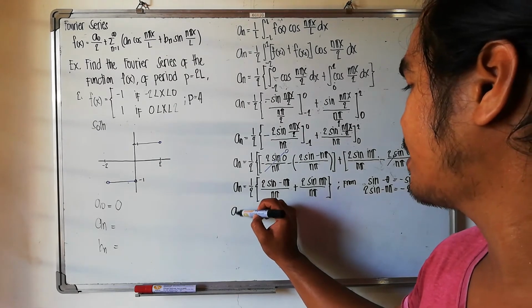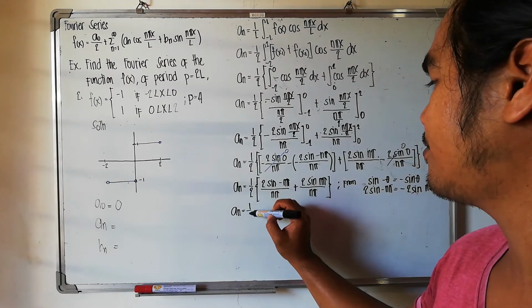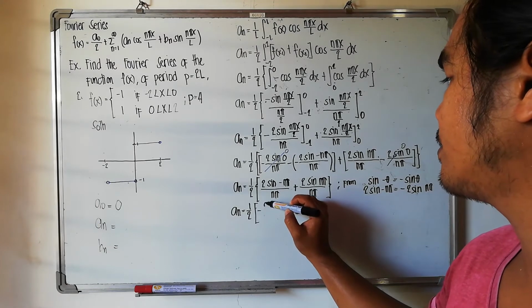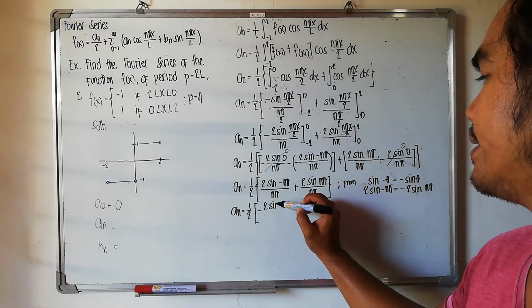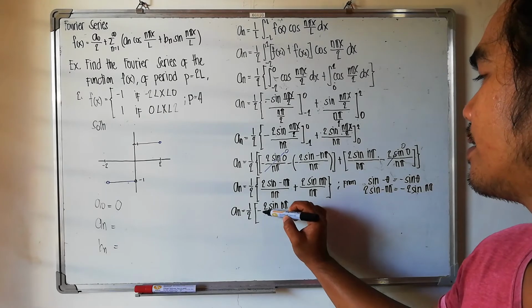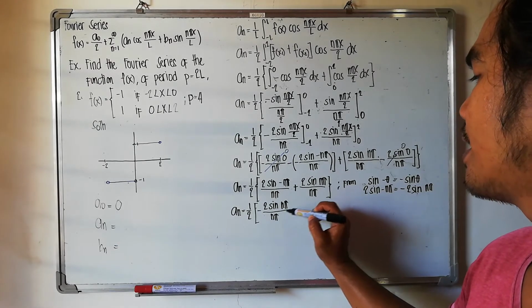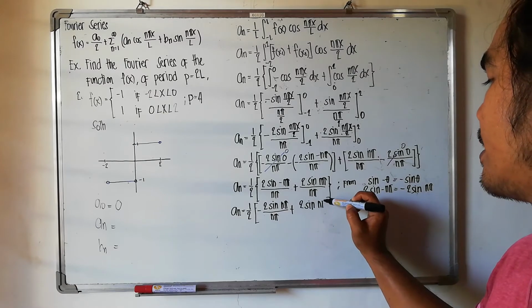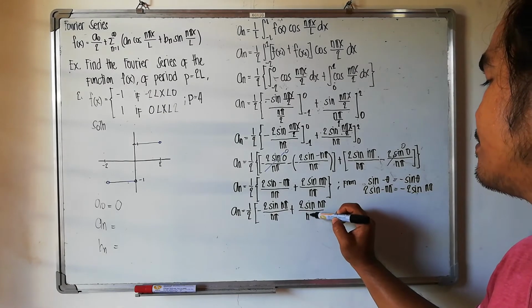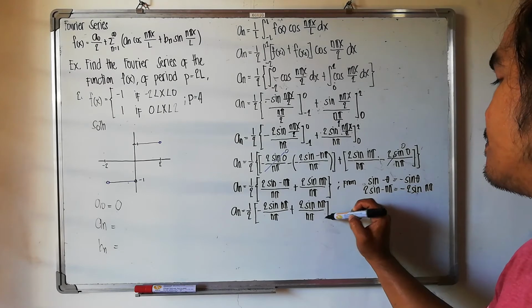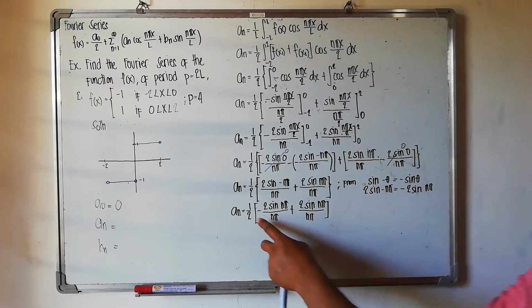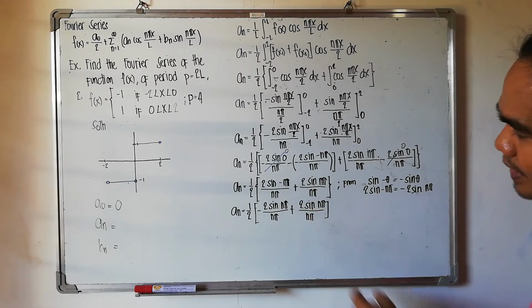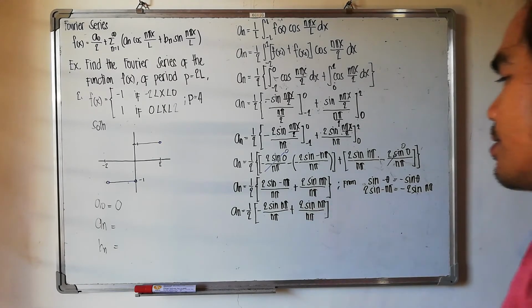So a sub n is equal to 1/2 times negative 2 sine n pi divided by n pi plus 2 sine n pi over n pi, so that would be equal to 0.